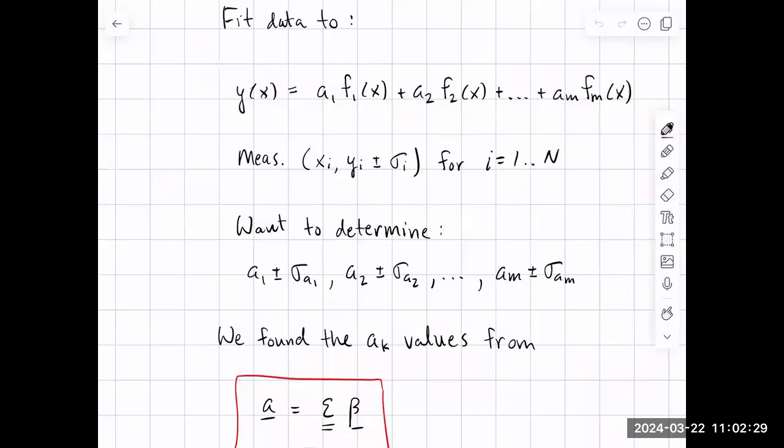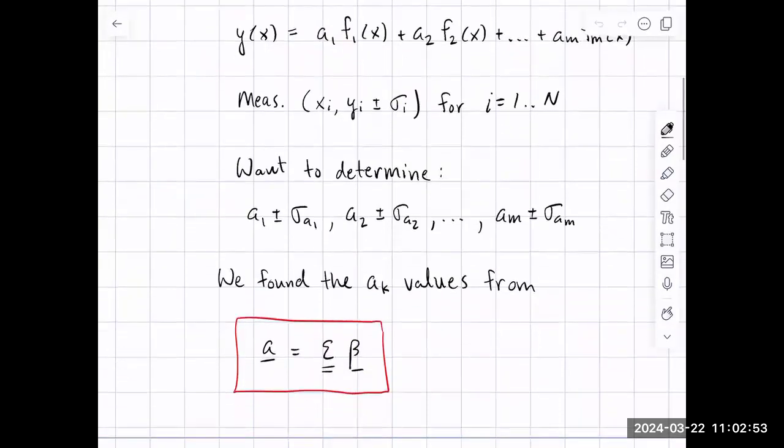The only restriction was that these functions of x, f1, f2, up to fm, can't involve the parameters that we're trying to find. Other than that, there are no restrictions. We imagine, as usual, we made a set of measurements and we want to find these values. We constructed a matrix, and epsilon was the inverse of alpha.